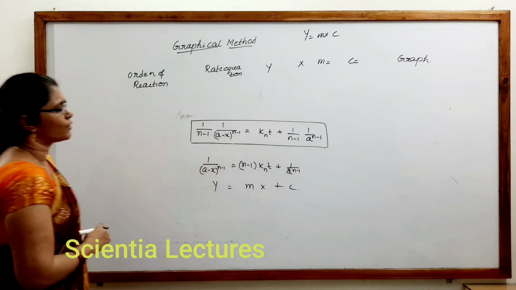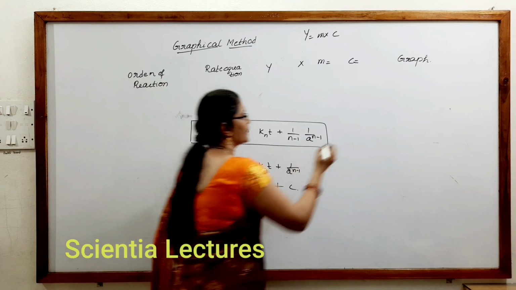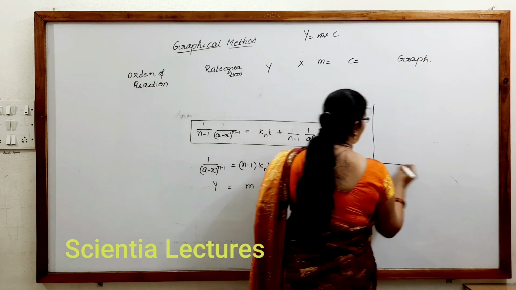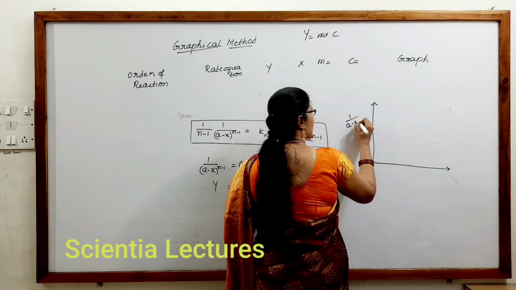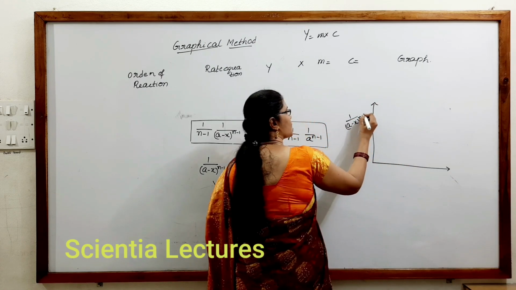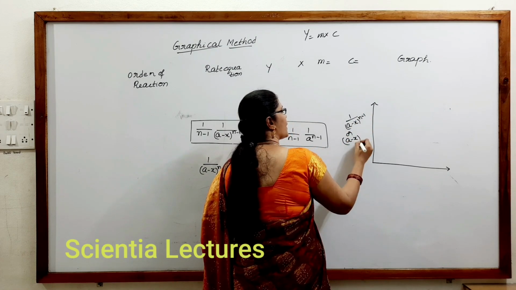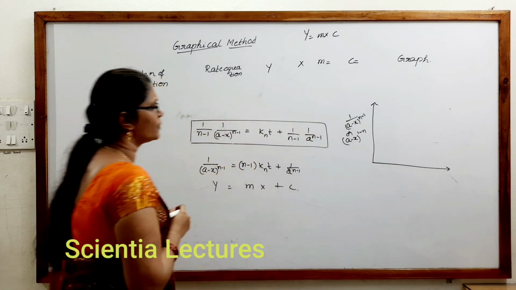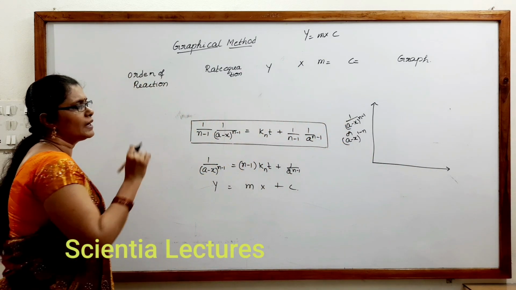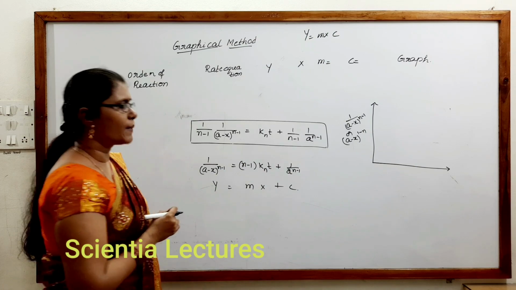So in such nth order graphs, we can see what the graph taken here would be. 1/(a-x)^(n-1), or it could be written as (a-x)^(1-n). This is on the y-axis. Listen carefully. It should be taken on the y-axis as (a-x)^(1-n).